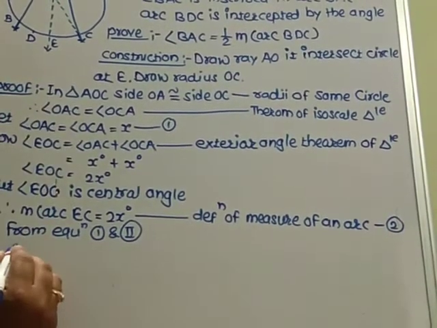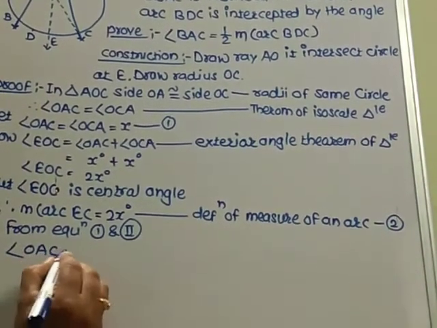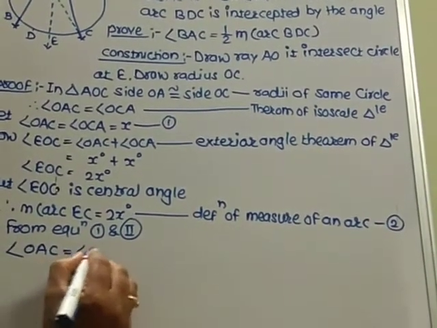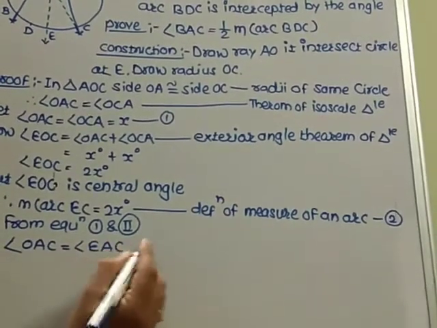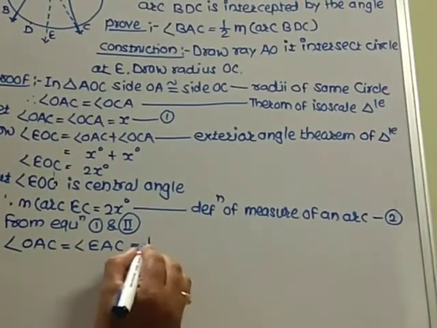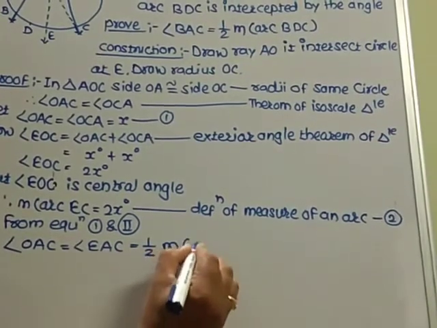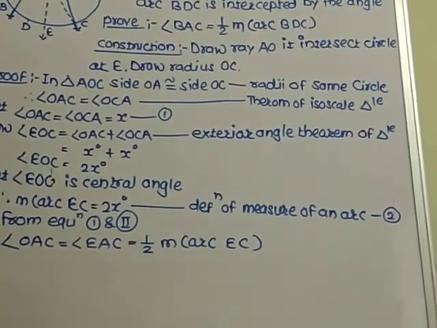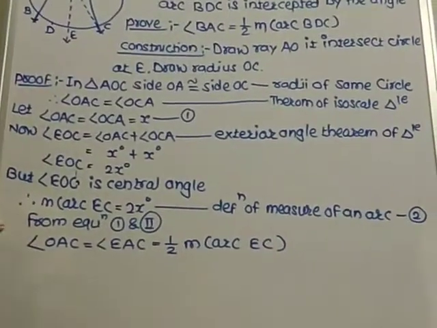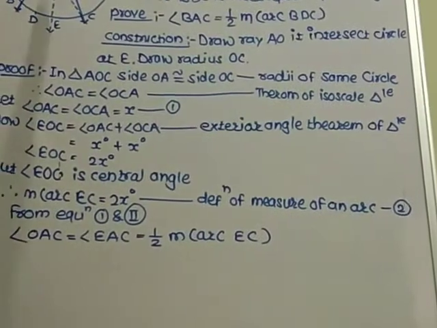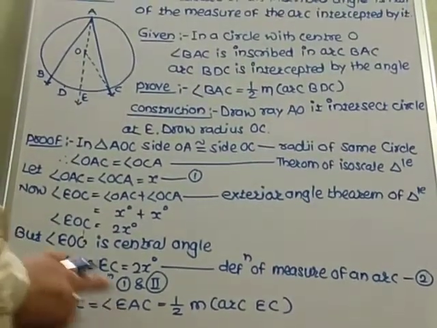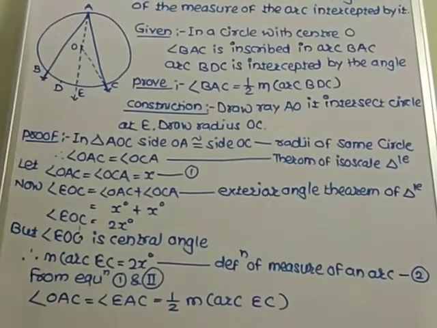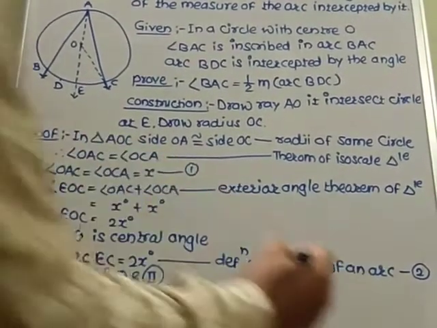Angle OAC, that is angle EAC, is equal to half of the measure of arc EC. Is it clear to you? OAC is equal to EAC, that is equal to half of the measure of arc EC, equation third.